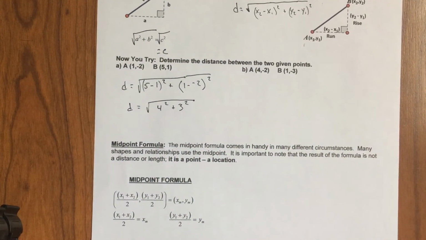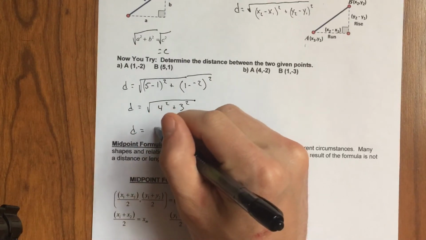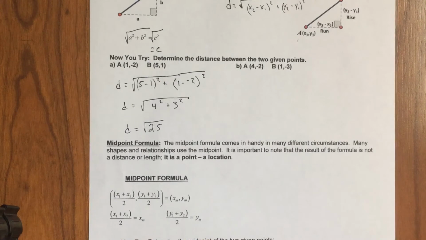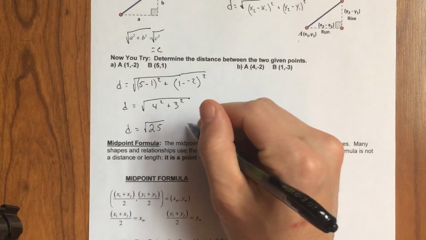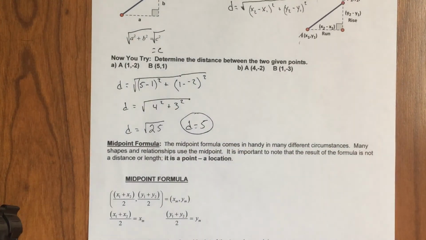Well, 4 squared is 16 and 3 squared is 9. 16 and 9 add up to 25. Well, that means the distance of this line would be the square root of 25, which is 5, as we all know. So the distance between point A and point B is 5 units of measurement, applying the distance formula.